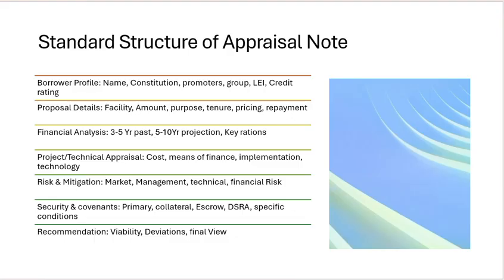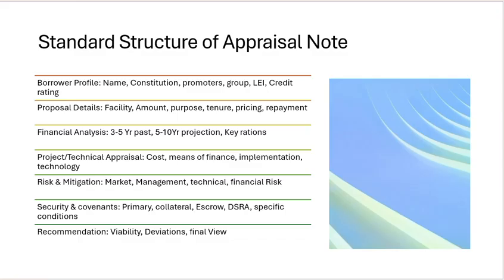Then we move on to the proposal details. In the proposal details, we write the facility amount, how much amount is required, the debt portion and the equity portion, and the type of disbursements, whether milestone based or another type.